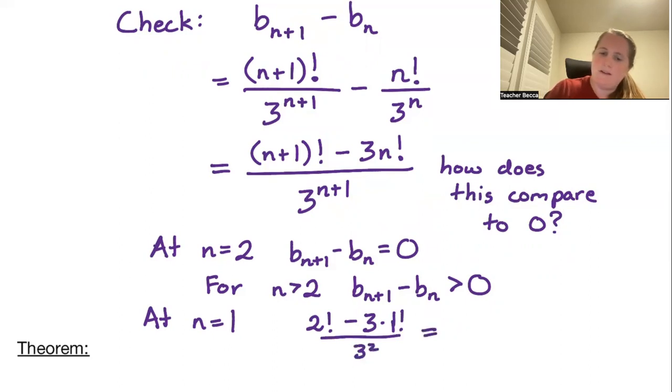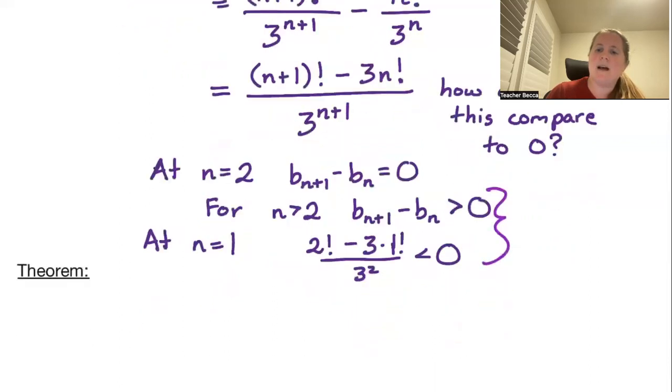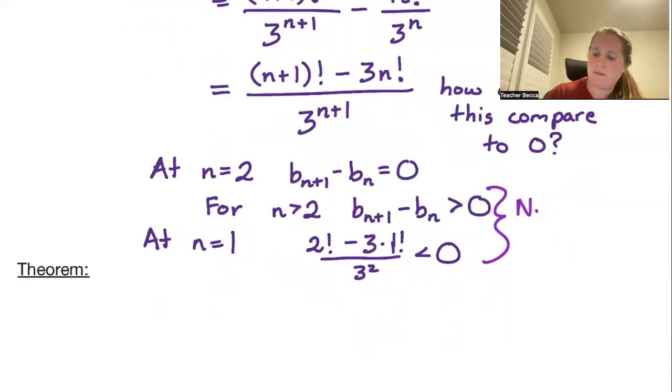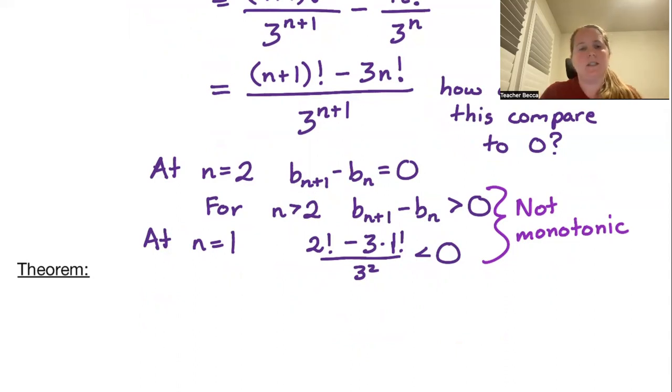And this will wind up being less than 0. So since we have some less than and some greater than, this is not monotonic. So this is neither, it's just not monotonic. As soon as we get past n equals 1, it becomes a monotonically increasing sequence. But unfortunately, because of that n equals 1, it is not monotonic.